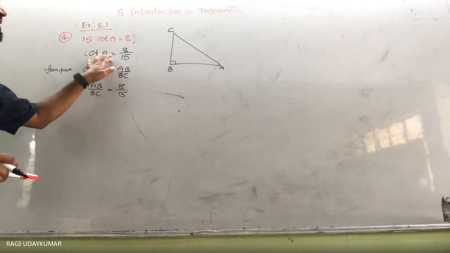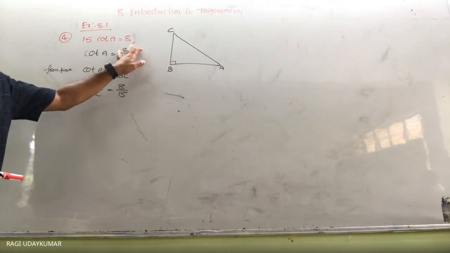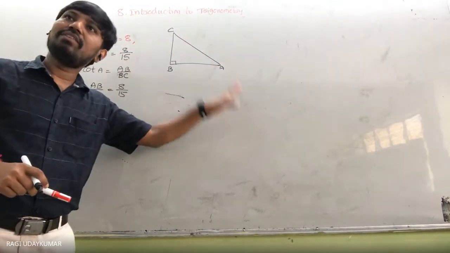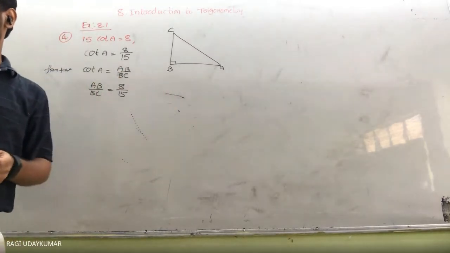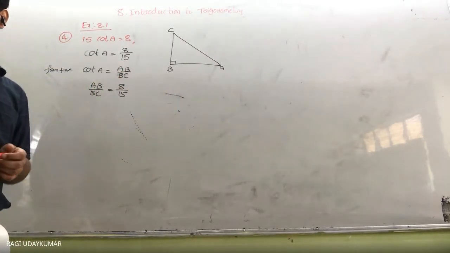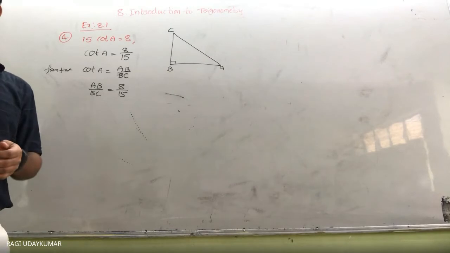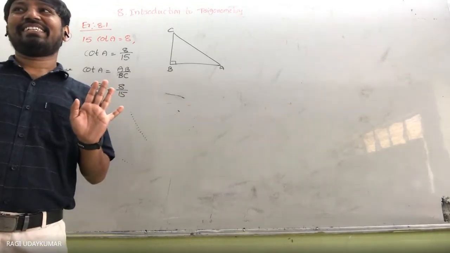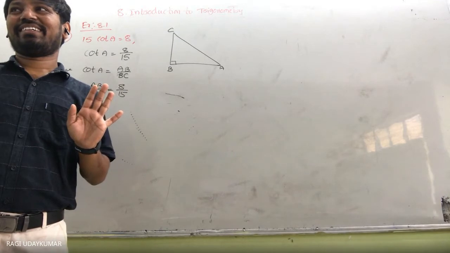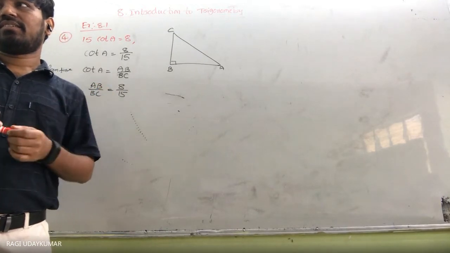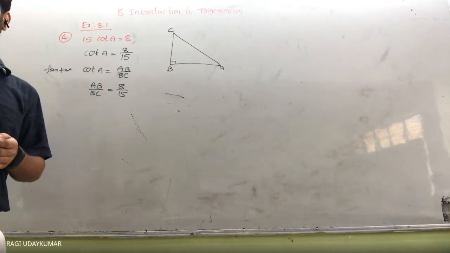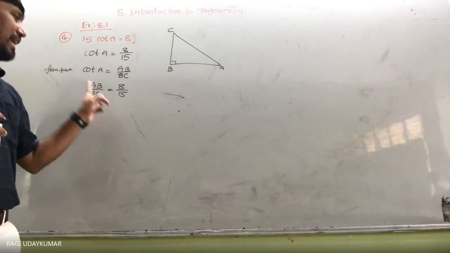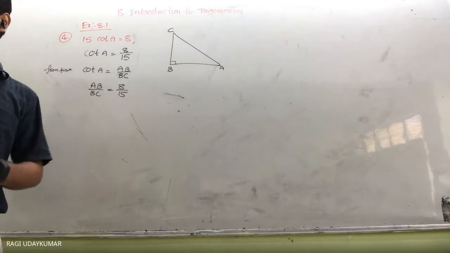See here, it is given that cot A is equal to 8 by 15, but I am taking a right angle triangle in which angle A is the acute angle. Again, you are taking the base and the perpendicular. I am asking that AB by BC equals 8 by 15, then AB equals 8, BC equals 15.